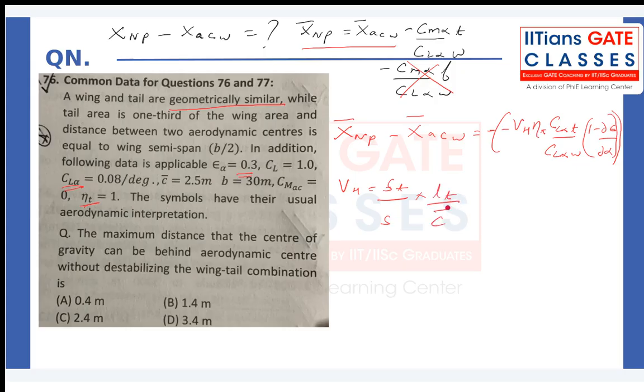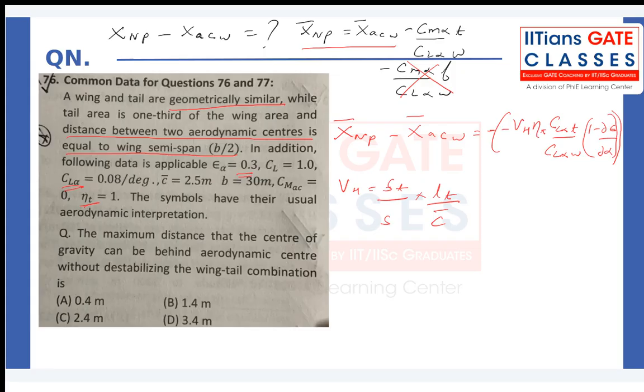Now LT is not given to you here directly. What is given to you? See, the distance between the two aerodynamic centers is equal to semi wingspan, right? So since LT is not given to you and you don't have any other indication of CG, just take this distance to be LT.